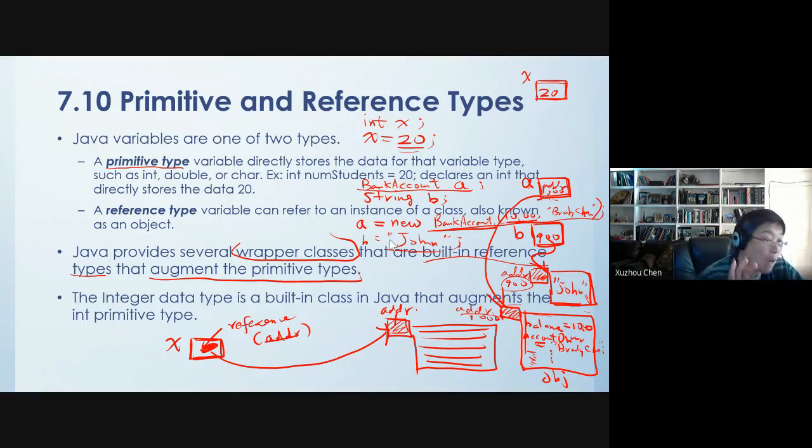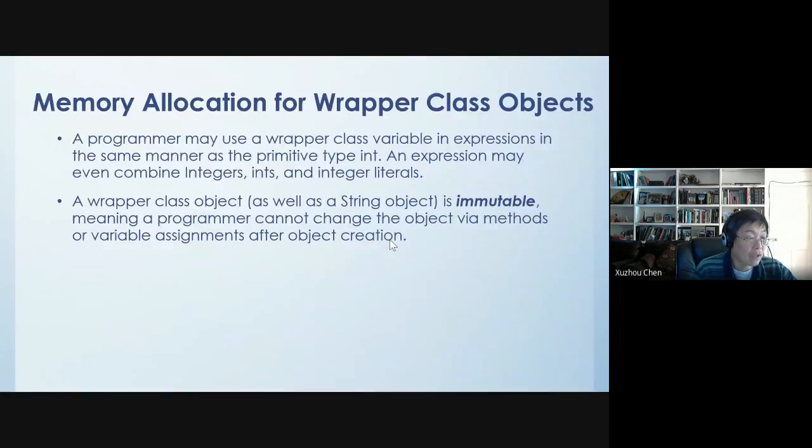Don't ask me why at this moment, I'm going to explain later. For every primitive type like int, there is a corresponding class also called Integer. That class is called a wrapper class.